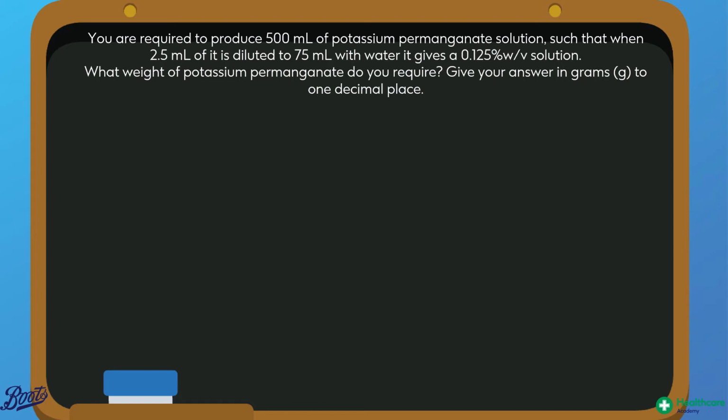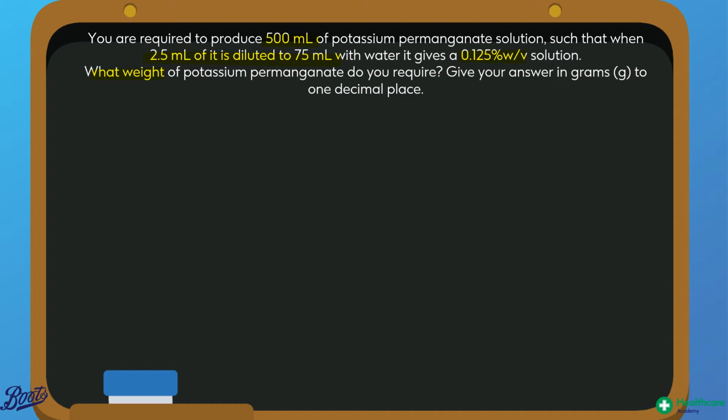So for this particular question, we are going to highlight 500 millilitres, 2.5 millilitres, 75 millilitres, and 0.125% weight per volume solution. What we are highlighting will follow a similar trend, so if you haven't watched the Understanding Dilutions tutorials, it might be a good place to start there.